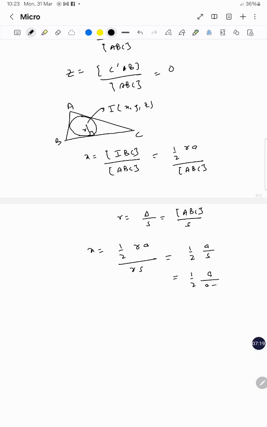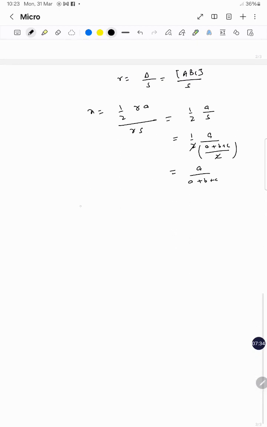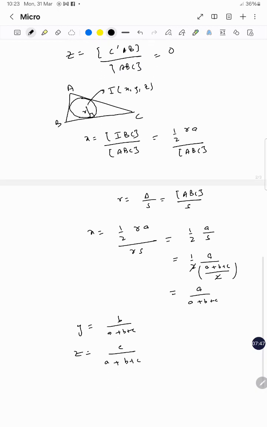And s is a plus b plus c by 2, which gives a by a plus b plus c. Cyclically, y is b upon a plus b plus c, z is c upon a plus b plus c. So the coordinates of the incenter are known.